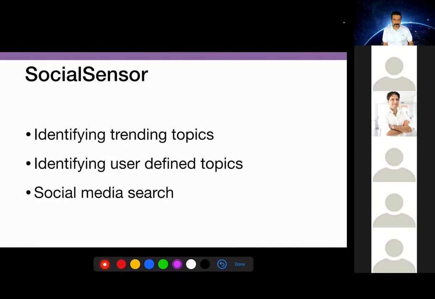It had several different functionalities, but the main purpose of this system was to identify trending topics in social media. The users were able to define different topics, search within the content, subscribe to a specific content and so on.